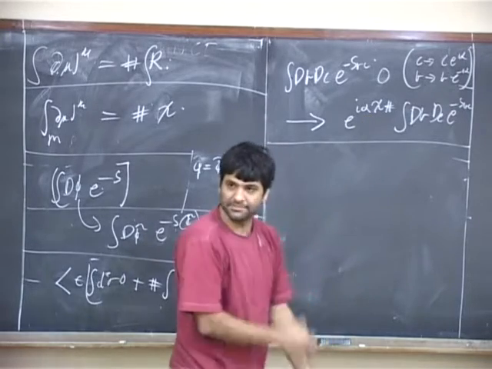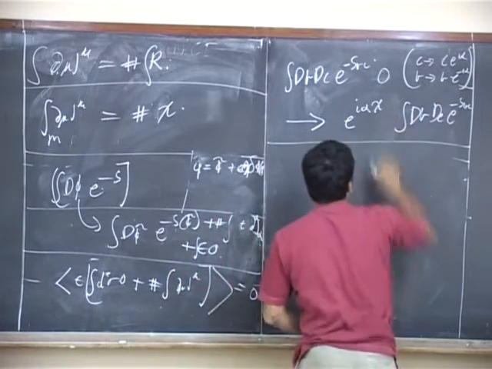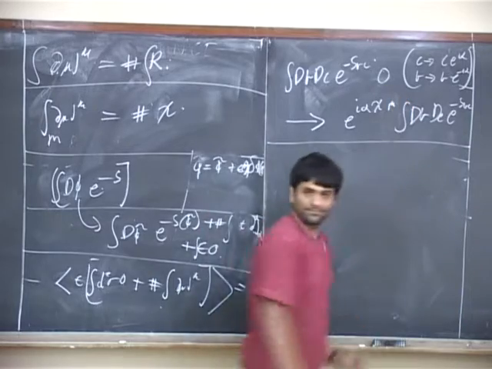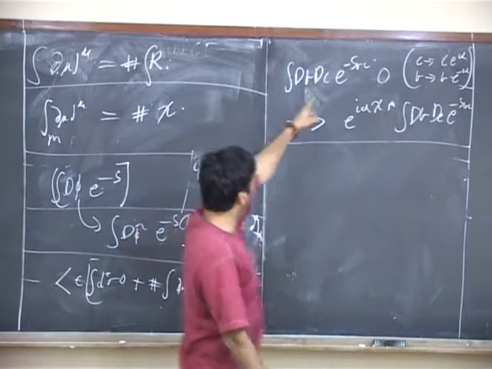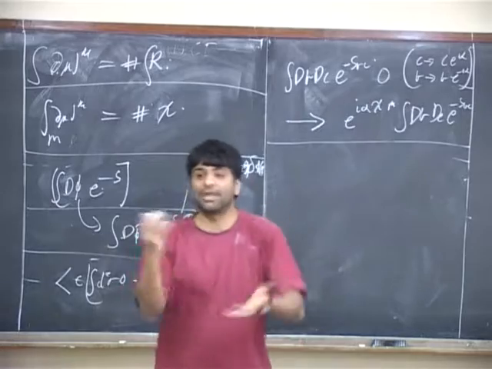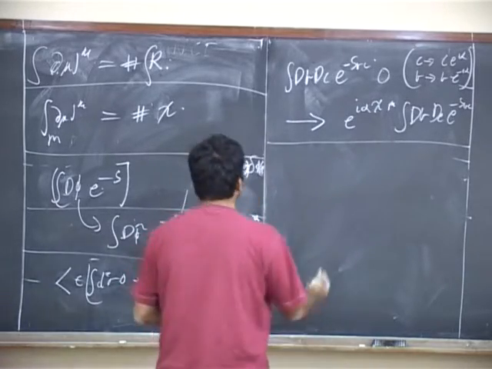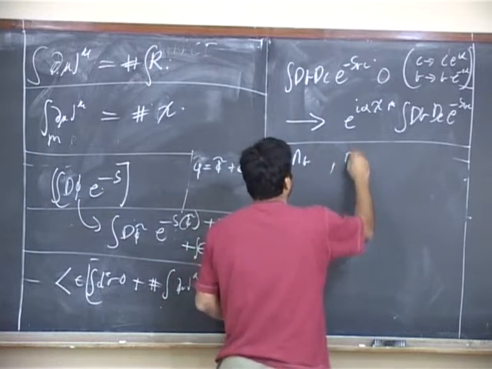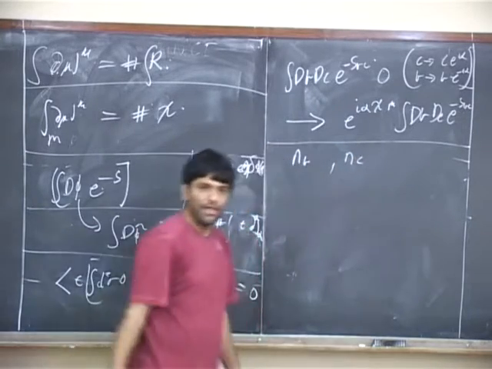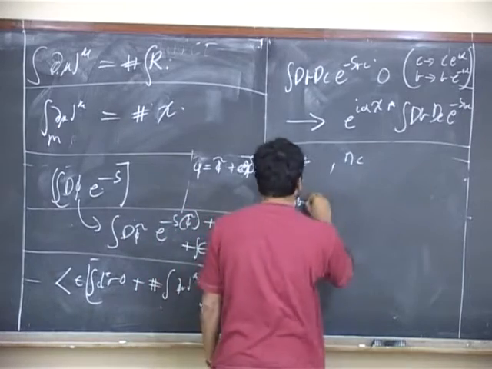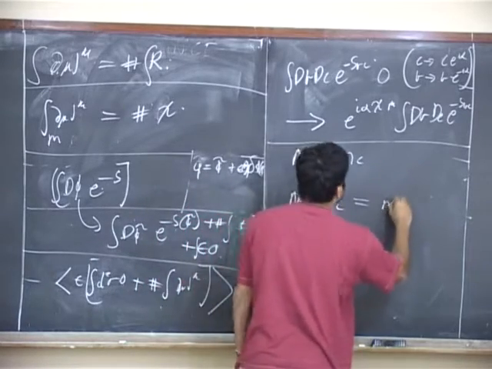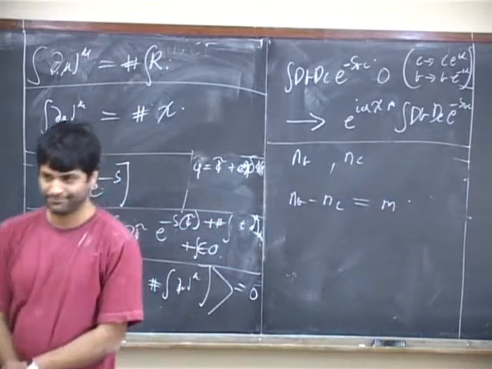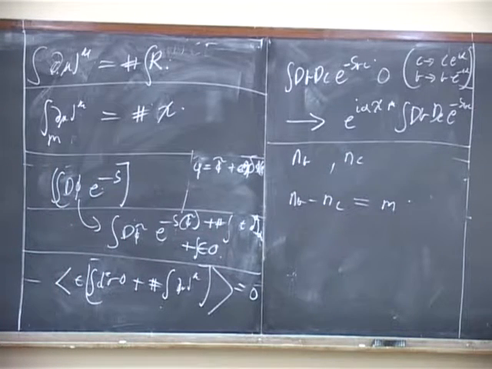So, suppose we get some number here, M. The only path integrals of the BC system that are non-zero are those where, calling the number of B insertions NB and the number of C insertions NC, NB minus NC is equal to M. Only then will the path integral be non-zero.